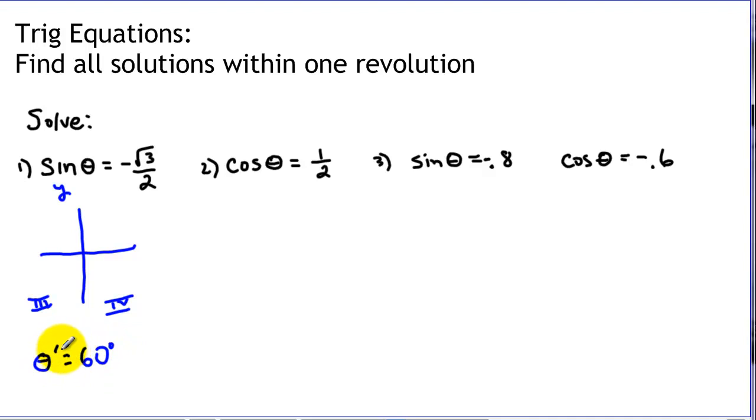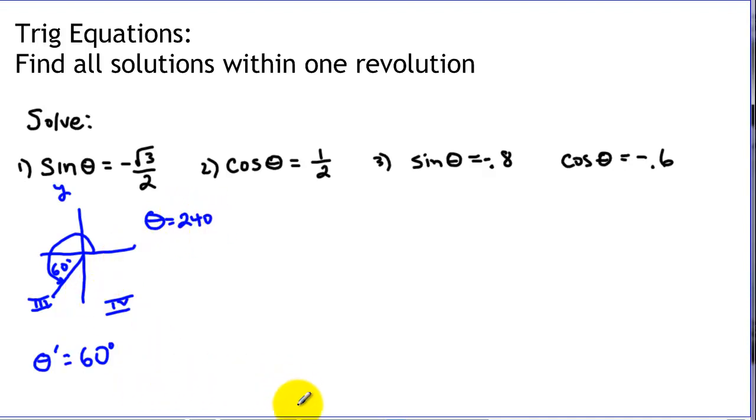So we know two pieces of information now, reference angles and quadrants. So if I draw a reference angle of 60 degrees into quadrant 3, that angle is one of my solutions. So that's going to be 180 plus 60 is 240.